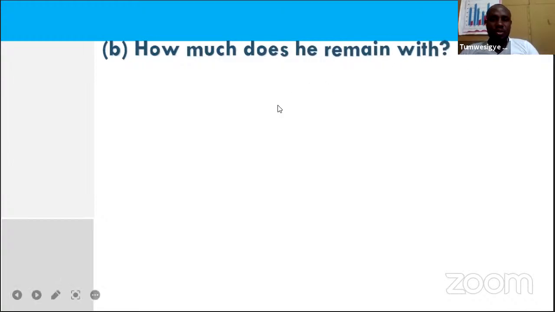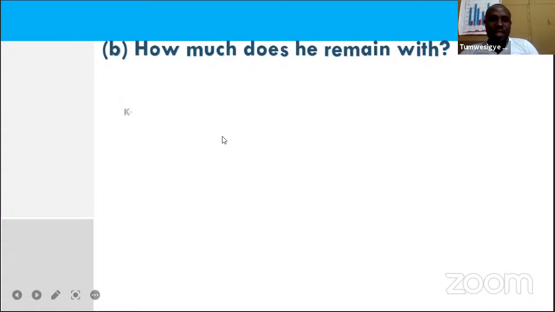So we have to go back and see now. This young man Kapele had 10,000. He spent some money to buy rice and soap. When you added the money, the total was 9,000. How much did he go home with?